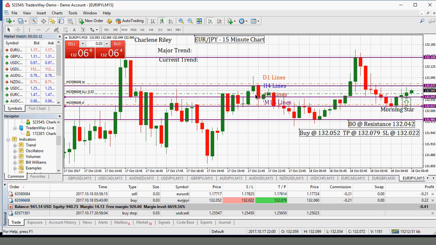So this is consolidation. And at the point we entered the trade, the current trend was the downtrend. We had the reversal to the uptrend, but the trend at the time was the downtrend. And that is that trade.